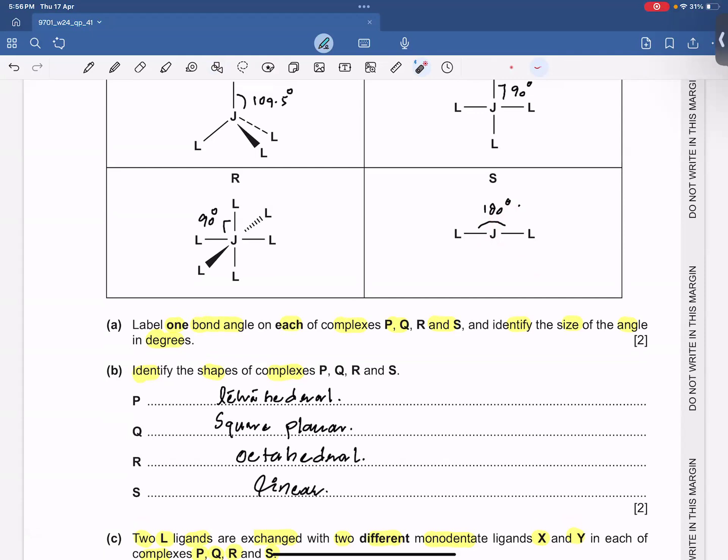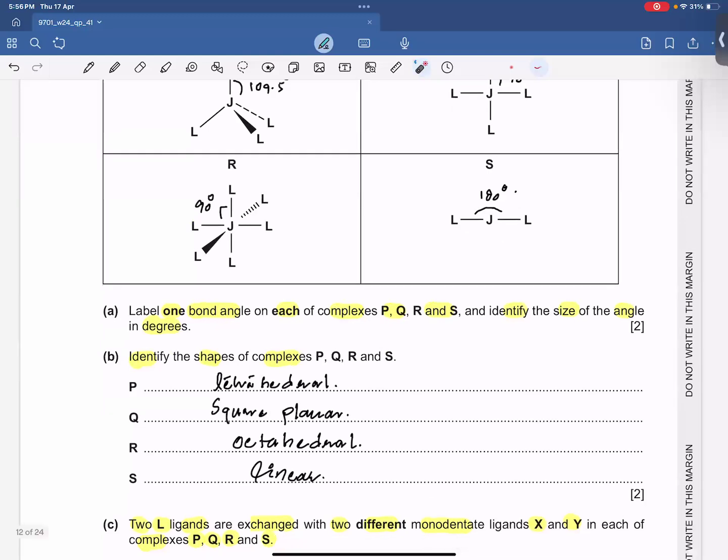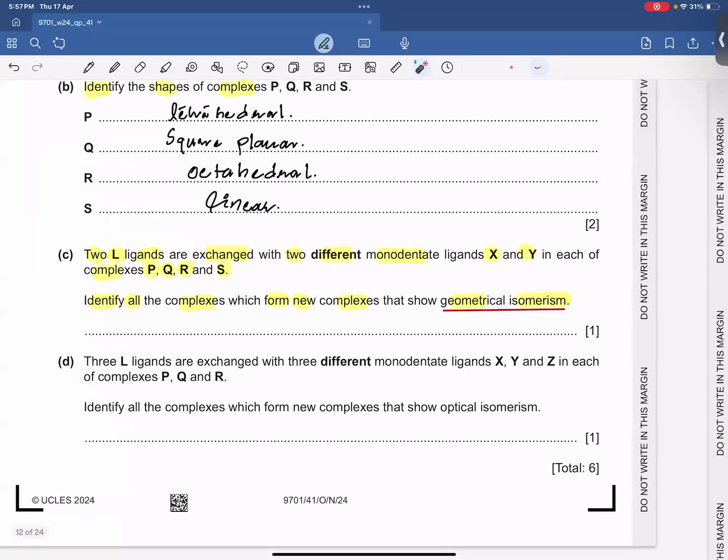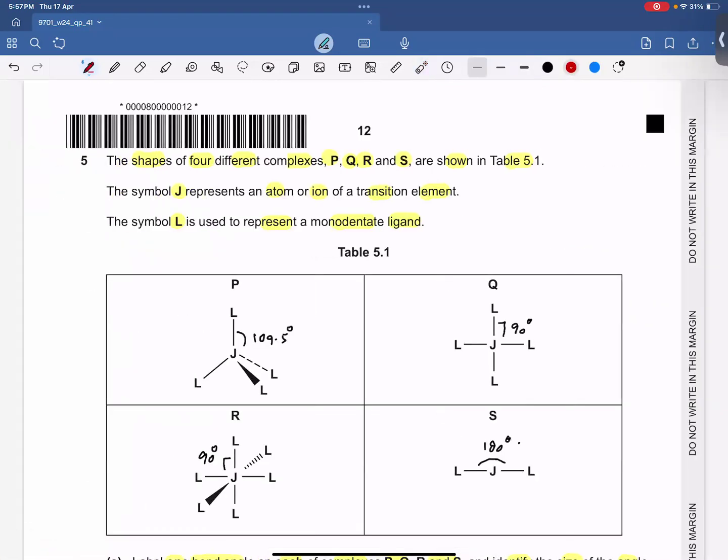What we can do is let's talk about Q first. Do we have a space? No. Okay. Q. Hold on.